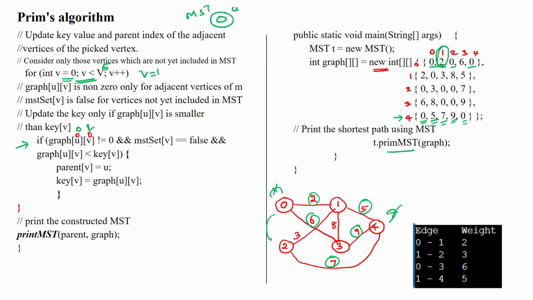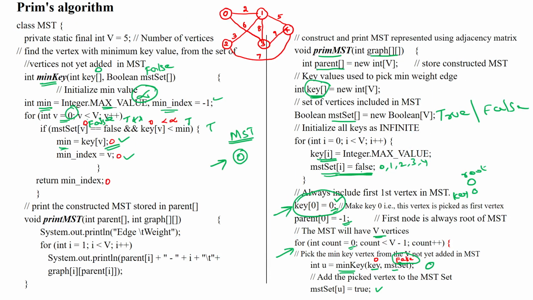Yes, it is true. And MST set of V, so here V is 1, this is now false. It is not visited, still not visited, because we already set MST set of 1 as false.